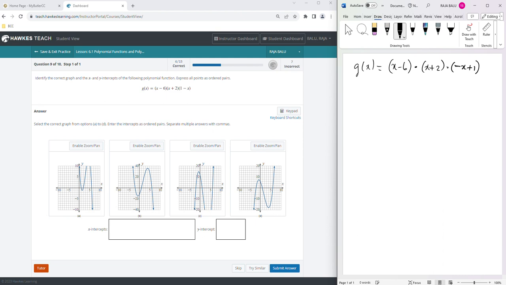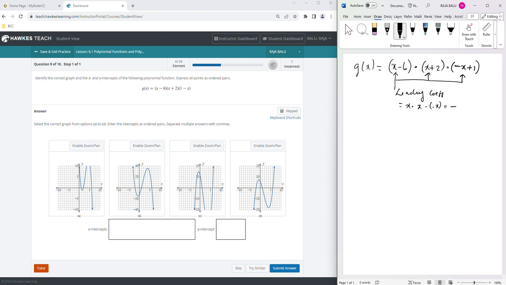But what I see here is that if I multiply x with x and with minus x, that will give me the leading coefficient. So the leading coefficient would be x times x times negative x.